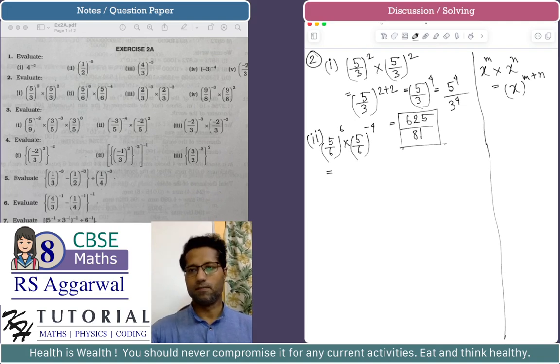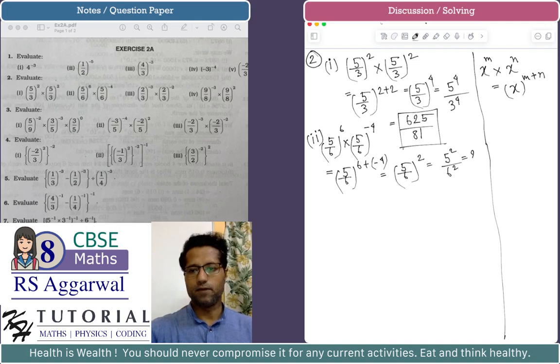So x to the power m into x to the power n equals x to the power m plus n. So I will have 5 by 6, since the bases are same, 6 plus minus 4. This is equal to 5 by 6, 6 minus 4 is 2. So this is equal to 5 square divided by 6 square.